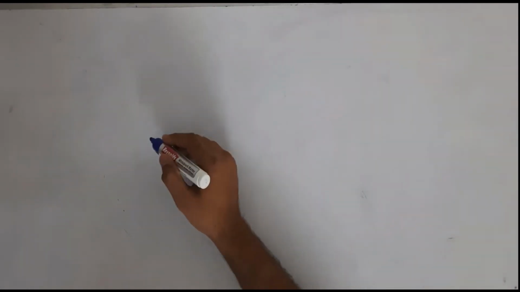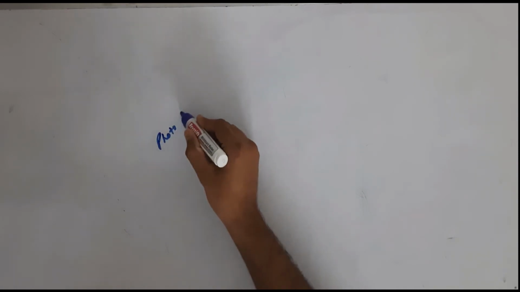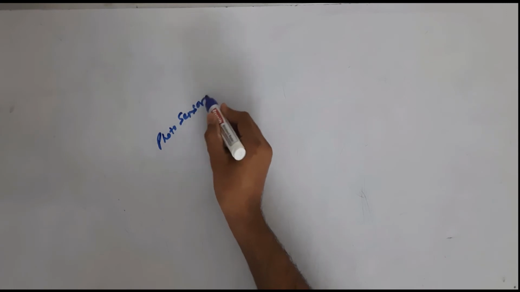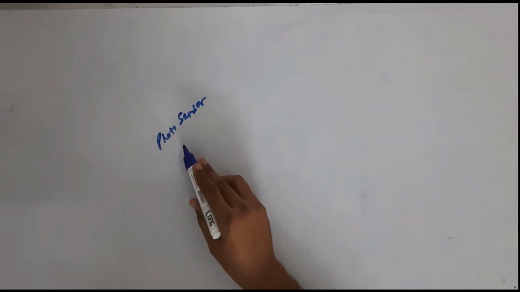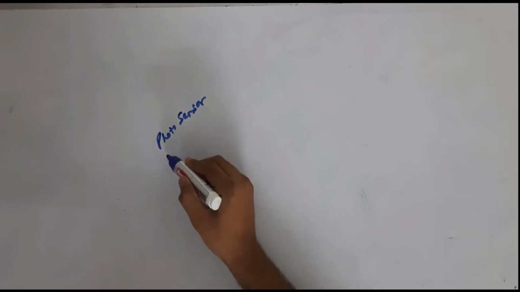Let's suppose we have one photo sensor. A photo sensor will sense the light intensity in the atmosphere.